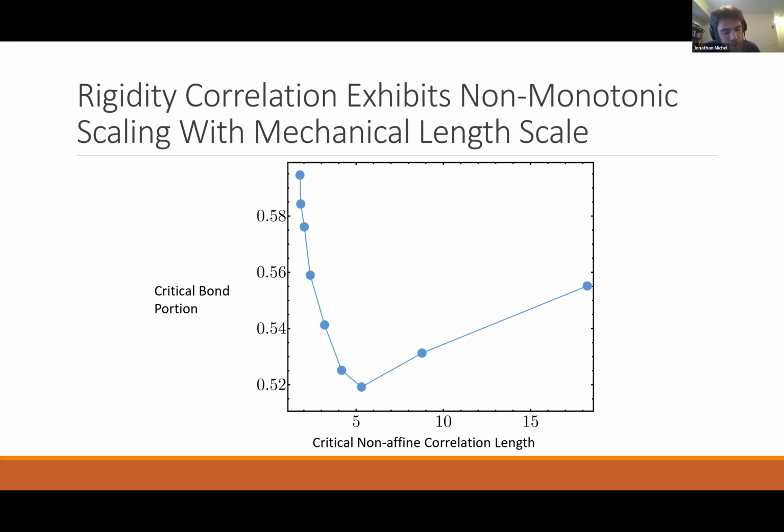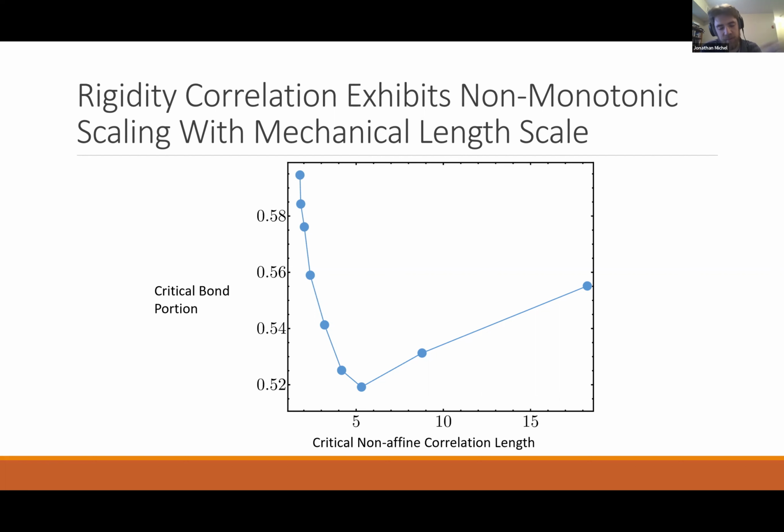So the picture that's emerging, at least in my mind, is that as we introduce a little bit of structural correlation into these networks, we create these dense, rigid clusters, and coupling of these dense, rigid clusters enables system-spanning force chains to emerge, and this enables one to make a rigid network with less material. Whereas if these rigid clusters become too large, then they become poorly mechanically coupled to one another.